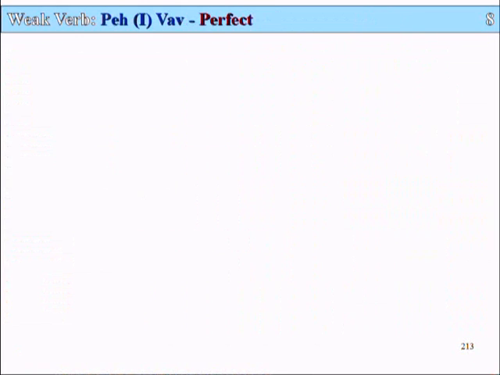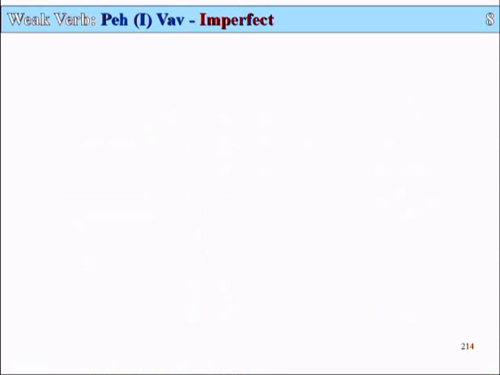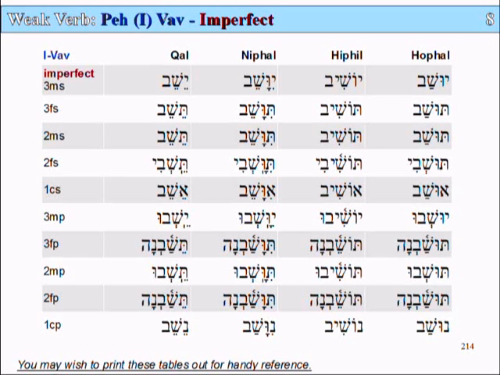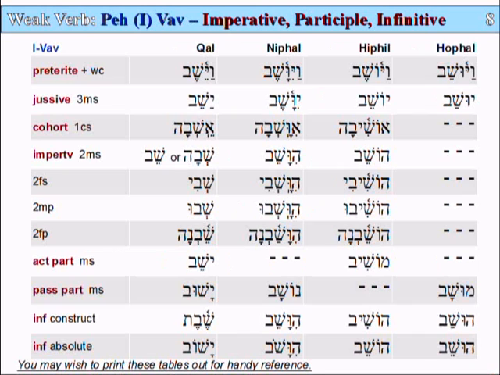On slide 213, the pe vav, perfect. On slide 214, the pe vav, imperfect. On slide 215, the pe vav, imperative, participle, infinitive, etc.